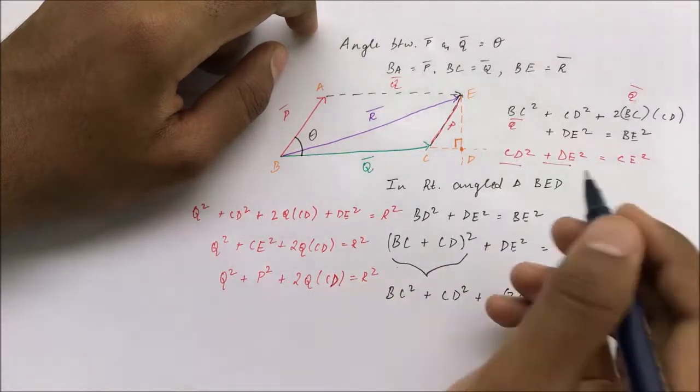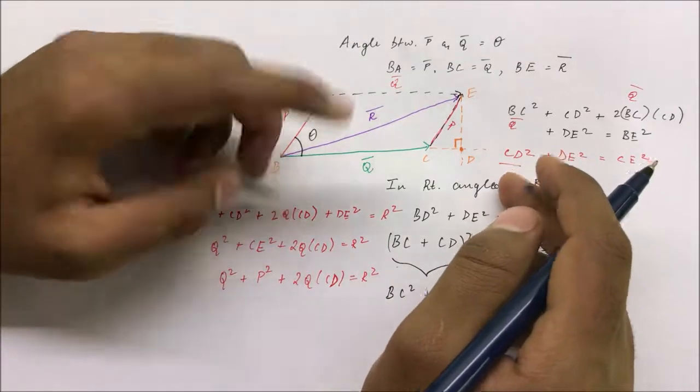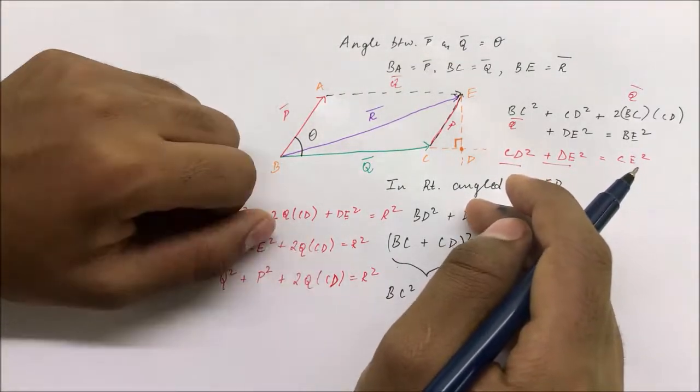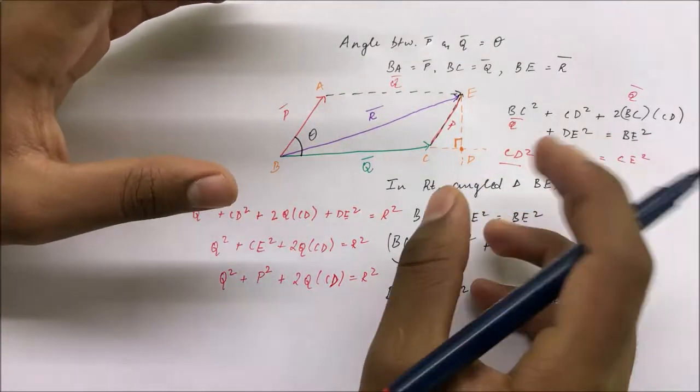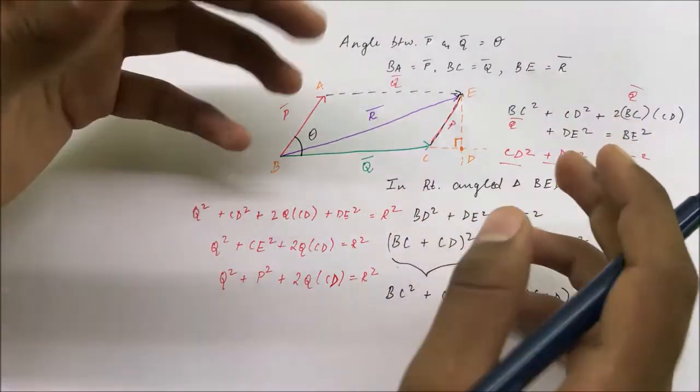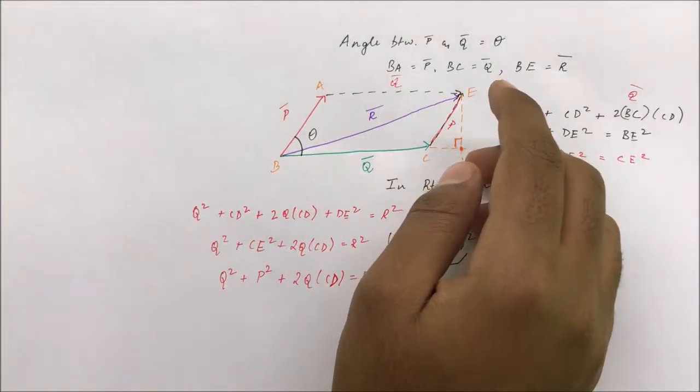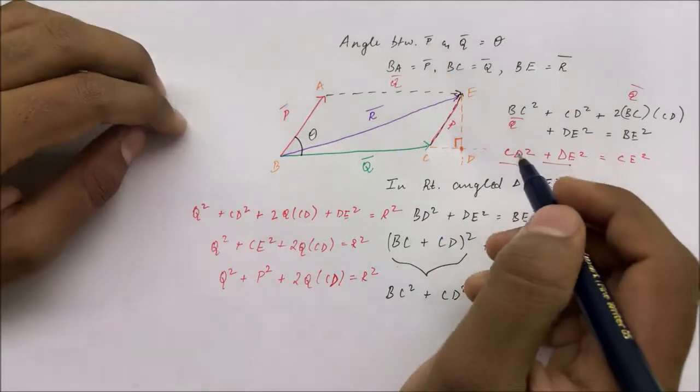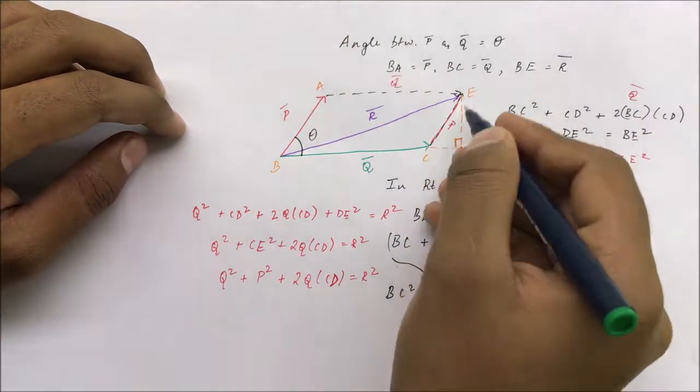So the final constraint that we have is of CD. How can we write CD in terms of something that we know, using the vectors that we know, correct? So let's figure out a solution for that now.